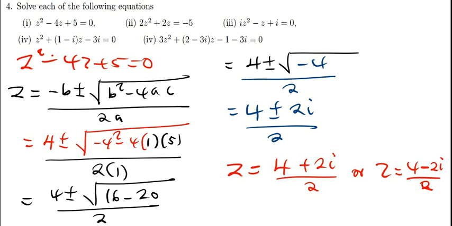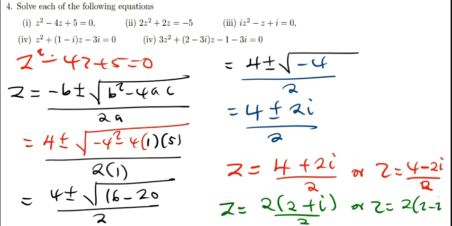So the final answer in this case: if I want, I can factor out 2. So I have 2 times 2 plus i divided by 2, or z will be equal to 2 times 2 minus i divided by 2. So 2 and 2 can go.